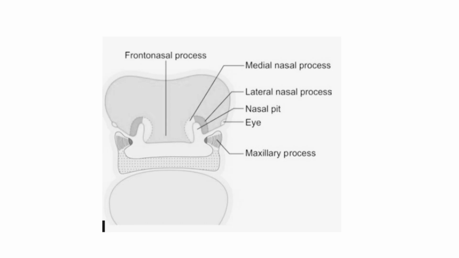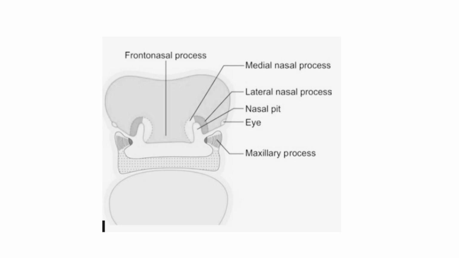Now if you look just a little above the nasal placodes, you will see lens placodes. They are present cranially and laterally to the nasal placodes. A pair of thickenings occurs, which is your lens placodes. This lens placode will further form your eyes.